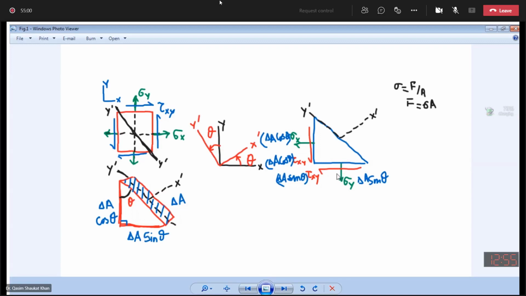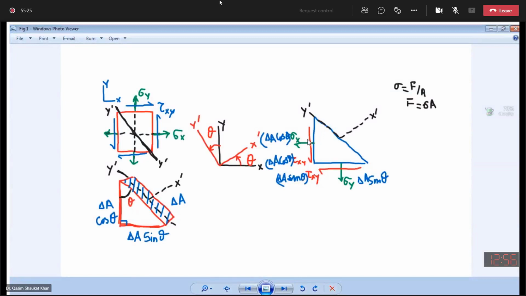So I will multiply sigma y with delta A sin theta, tau xy with delta A sin theta to get the force component. Sigma y delta A sin theta, tau xy delta A sin theta. Is this clear? Yes, sir.